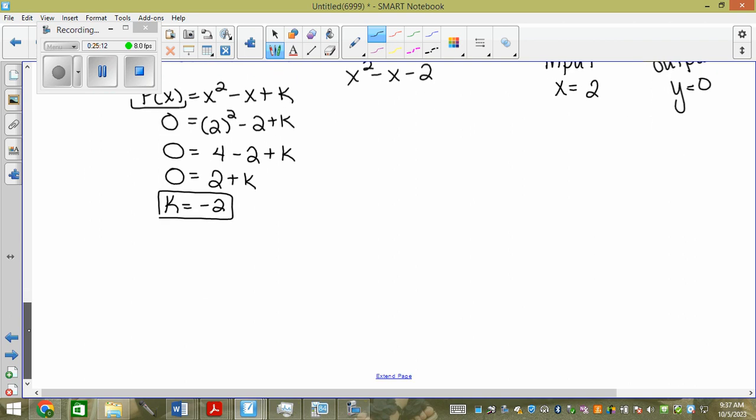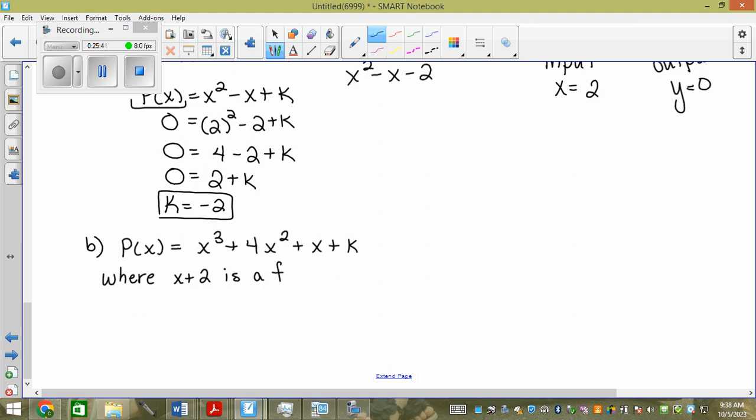Okay. I'm going to give you 2 more examples instead of giving you them for homework. Okay. B. P of x equals x cubed plus 4x squared plus x plus k, where x plus 2 is a factor of P of x.